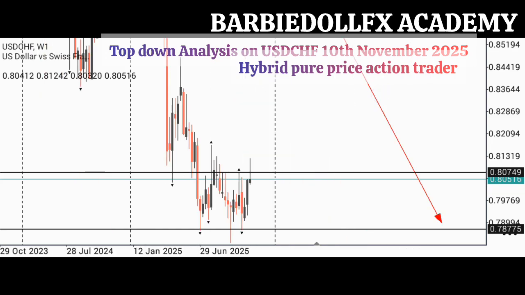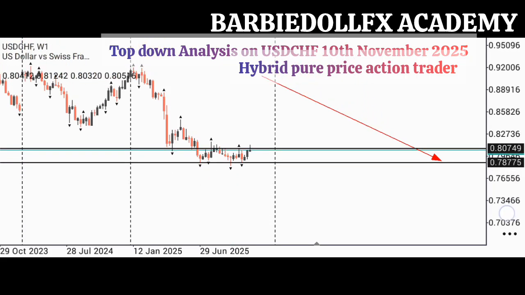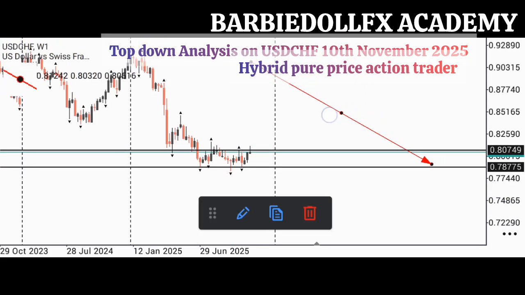Now I've already gotten the context of the monthly, and it's the same on the weekly time frame. You can see that price has been on a downtrend, and for some weeks now it has been ranging. This is structure.